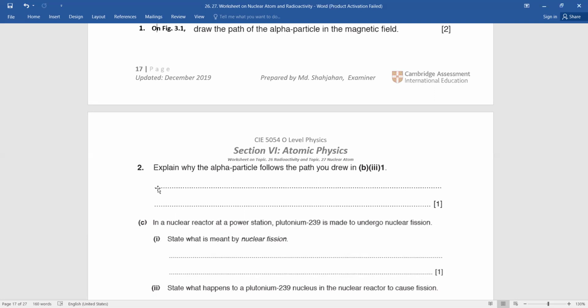Okay, I'm typing. Yes, please. Explain why the alpha particle follows the path you drew in B31. Will the answer be that it deflects due to the magnetic field?